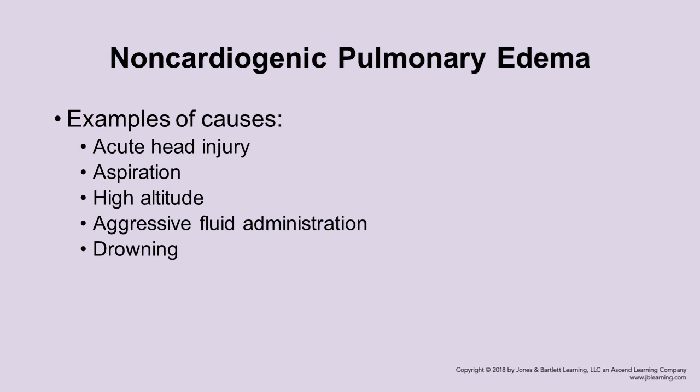It can happen in the setting of high altitude exposure, so patients who travel to high altitude and perform strenuous activity can develop pulmonary edema during mountain climbing or other activities. And then it can also happen from aggressive fluid administration for other disease processes. Finally, pulmonary edema can happen secondary to drowning processes.